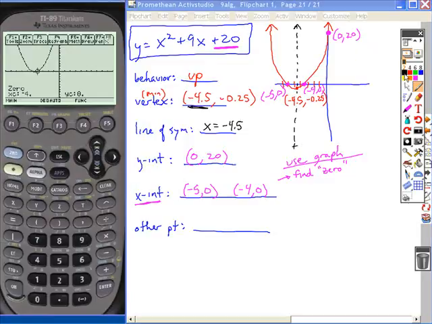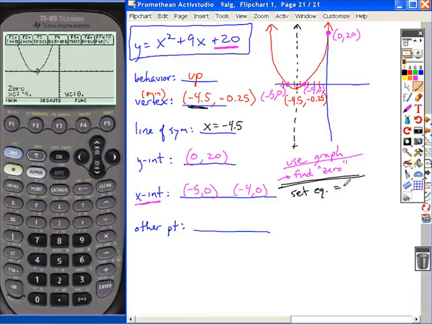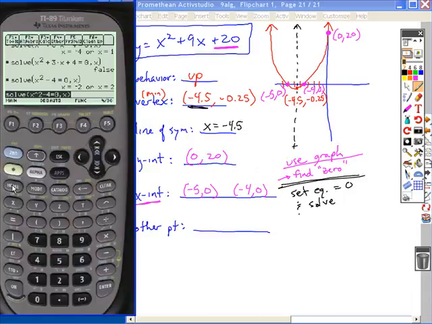And the other way is set your original equation equal to 0 and solve. This is also going to give you these 2 points. So if you don't want to stay in the graph form, what you can do is go back to your home screen, use the solve key, and you can take your equation as it was, x squared plus 9x plus 20, set it equal to 0 and solve for x.